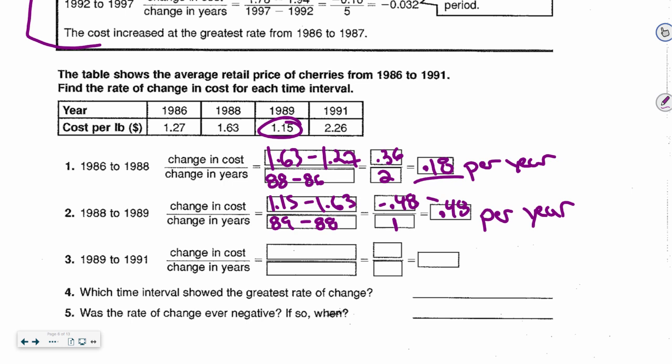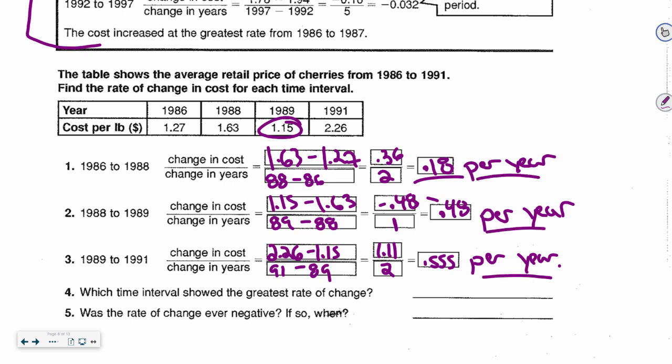And now we find the last one, which is 2.26 minus 1.15, over 91 minus 89. It is 1.11 over 2, 0.555 per year. So the fact that we find them all as per year, now we can compare them.